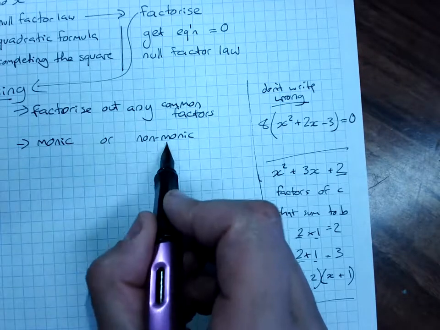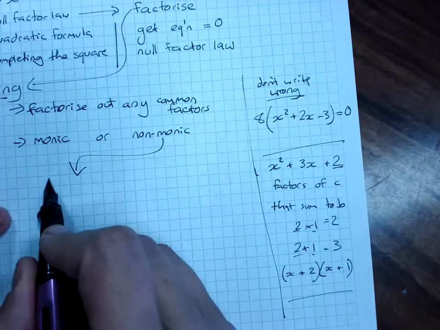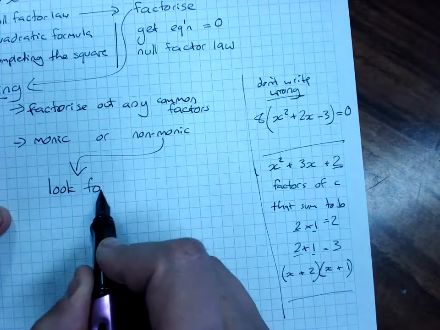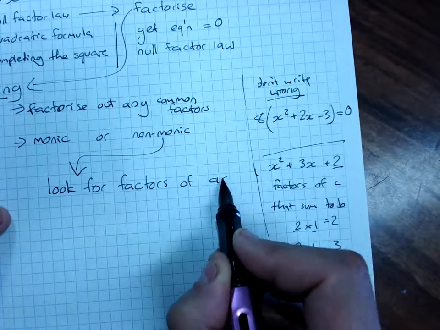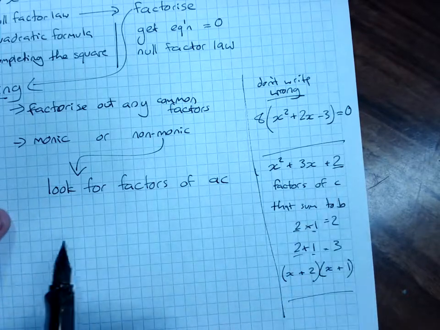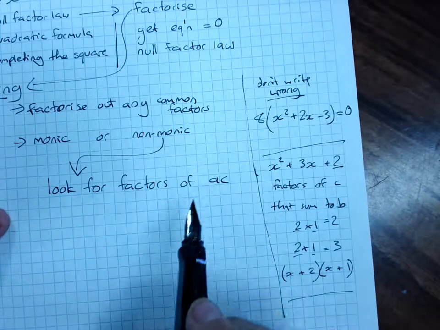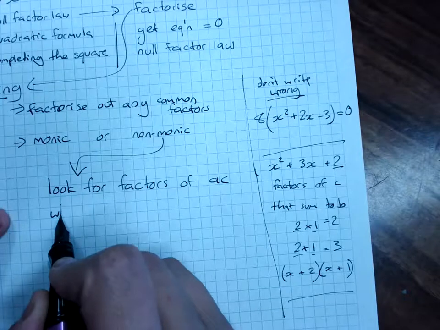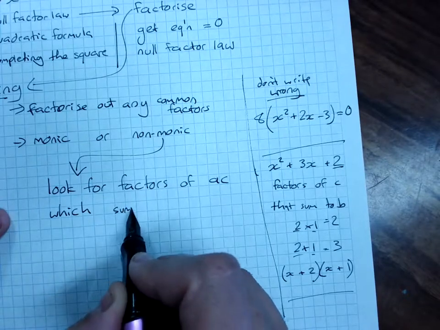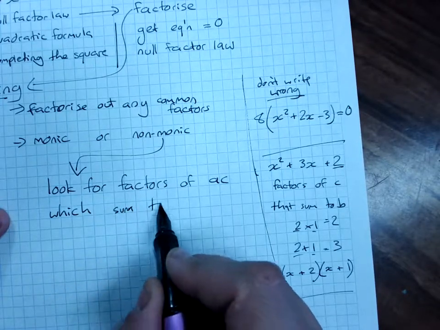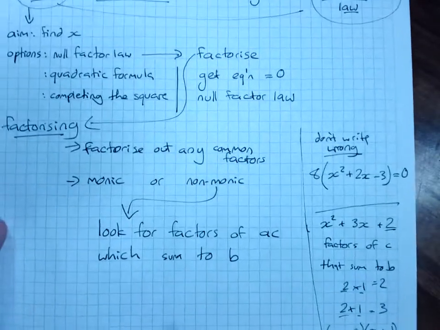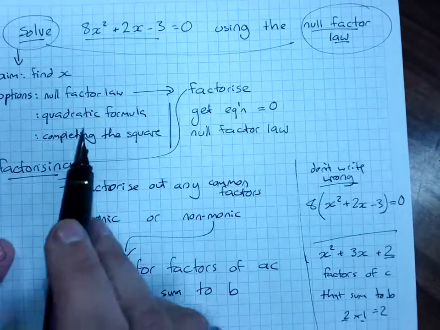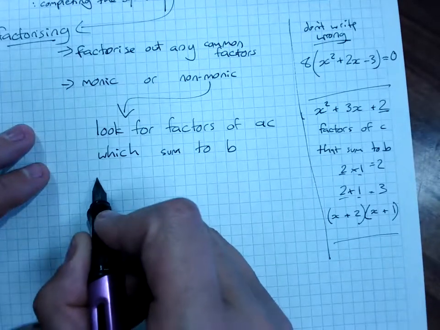To factorize a non-monic, look for factors of AC. Not just factors of C, but factors of A times C, which sum or add to give B. And it's a good idea to do some working. So we'll go back to our question, and I'll write it again here.